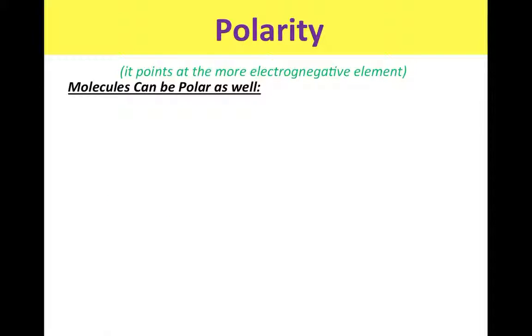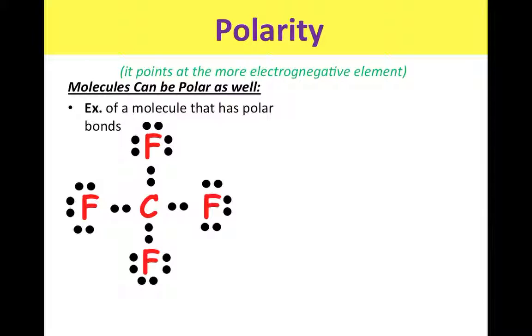So remembering that some molecules can be polar. So let's take a look at this guy. So the bonds here are extremely polar because you have carbon and you have fluorine. Fluorine is highly electronegative. If you look at the periodic table, carbon is less so.